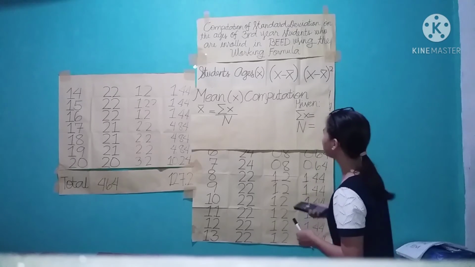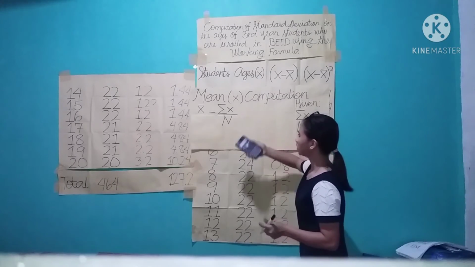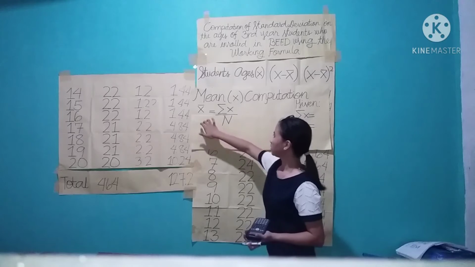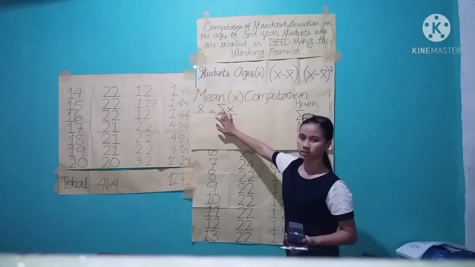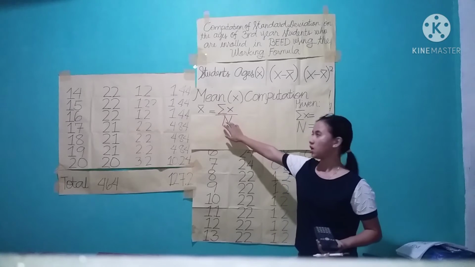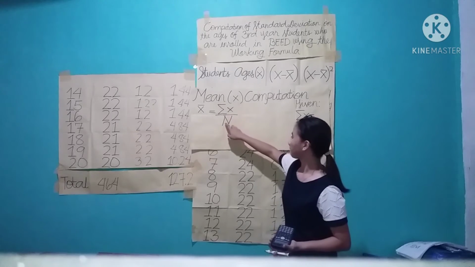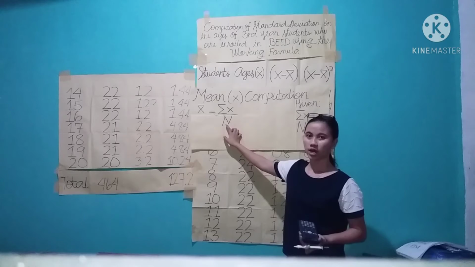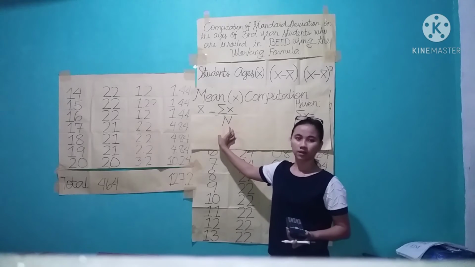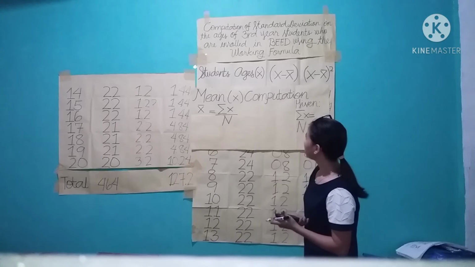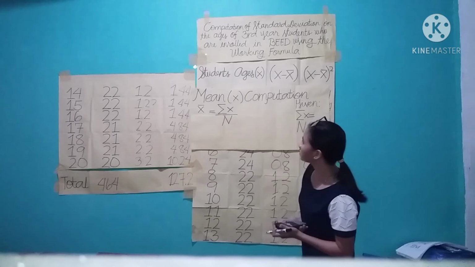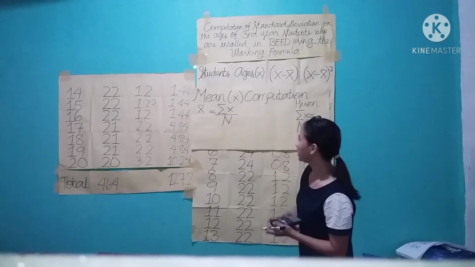For the mean computation, let us first know this: mean equals summation of scores over the number of cases or the number of respondents. How many respondents do we have? We have 20.